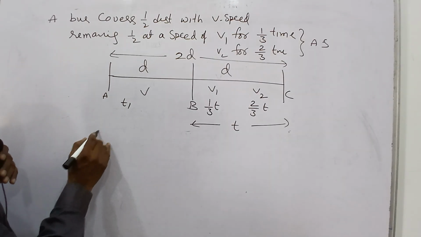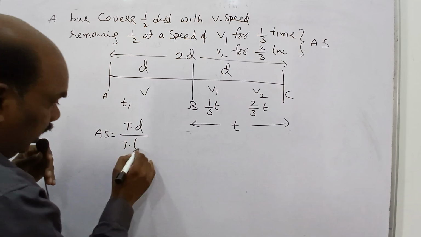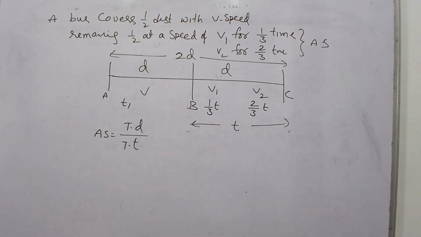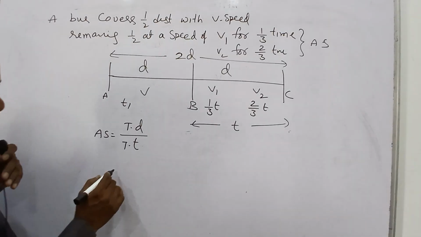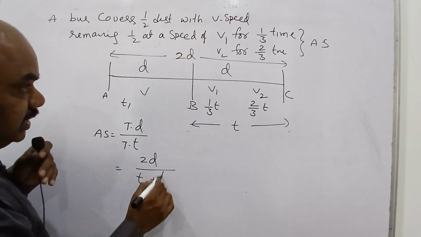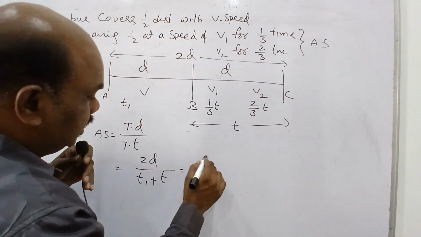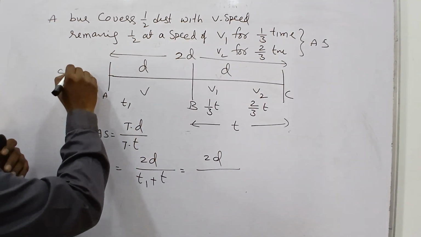Now they are asking average speed. Average speed, what is the formula? Total distance by total time. Is it visible there? Yes. Total distance by total time. What is total distance? 2d by total time t1 plus t. Distance equals speed into time.